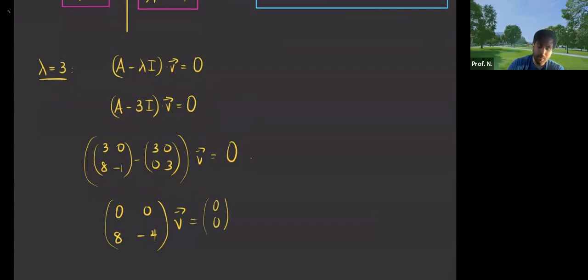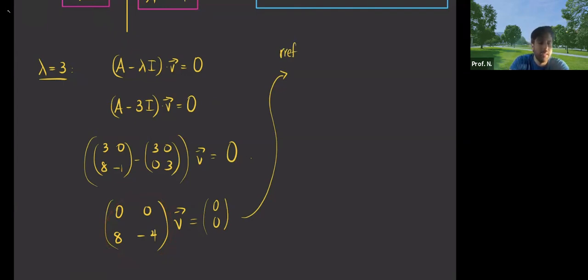Now, what does the problem of finding the eigenvector result in? Solving a homogeneous system. What's my matrix? How do you solve it? Remember how you solve this? Row reduced echelon form. Oh my goodness, everything is just coming together.